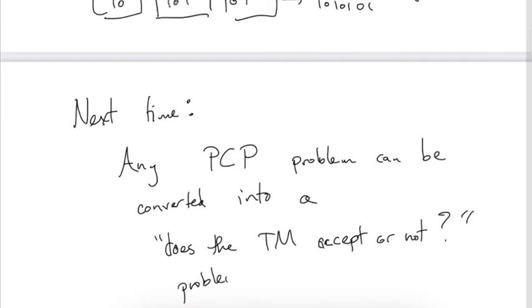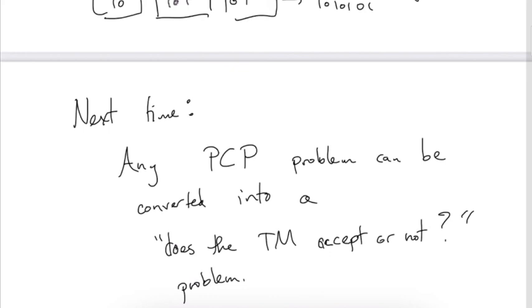And this is how Post was able to show that the PCP is unsolvable by any algorithm. Because you can show that if you had a solver for the PCP, then this solver could be converted into something which tells you whether or not a Turing machine halts, and that is impossible to do.